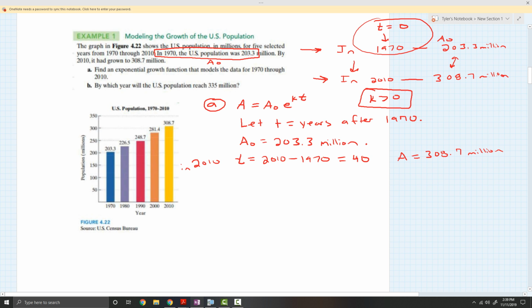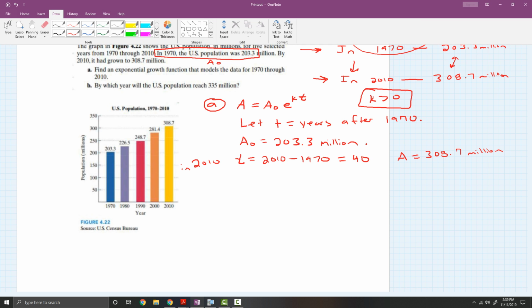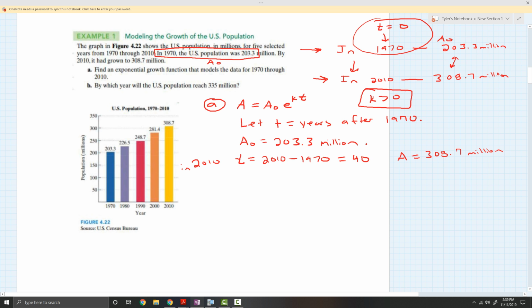So basically, in order to have an equation, let me maybe use a different color, maybe blue, in order to have an equation, I need to be able to fill in a number here, and I need to be able to fill in a number for K. Those are my two constants. Kind of like when you have a linear function, you have y equals mx plus b.